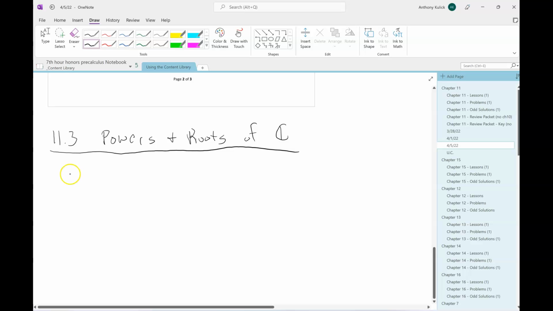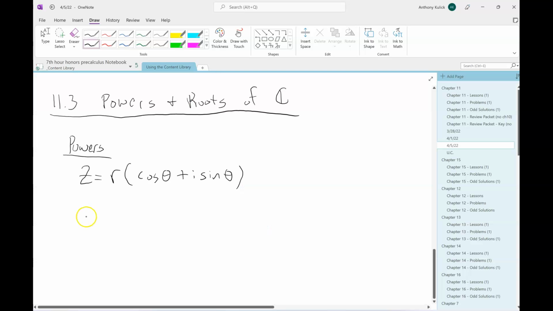We're going to start with powers first. Let's say I have some complex number in trigonometric form, and I want to figure out what z squared is.